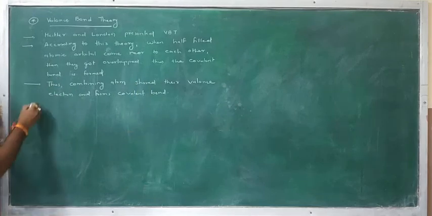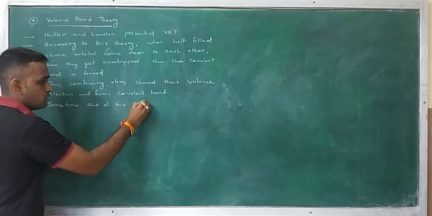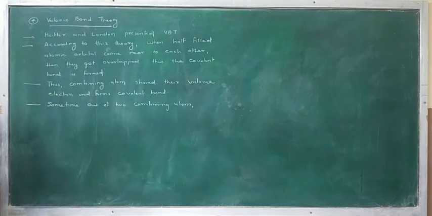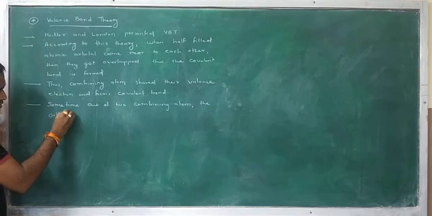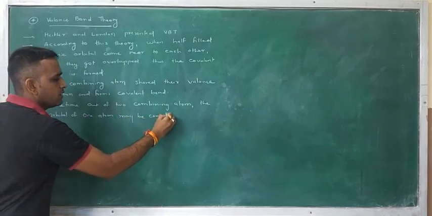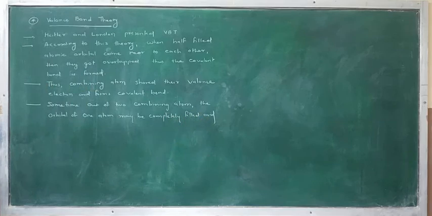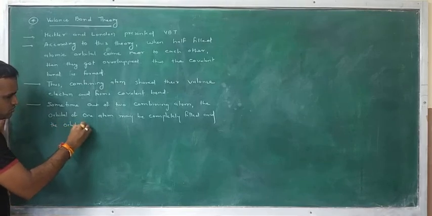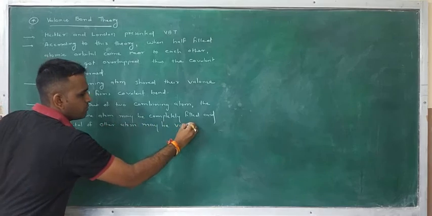Sometimes out of two combining atoms, we can say that the orbital of one atom may be completely filled, and the orbital of the other atom may be vacant, right?